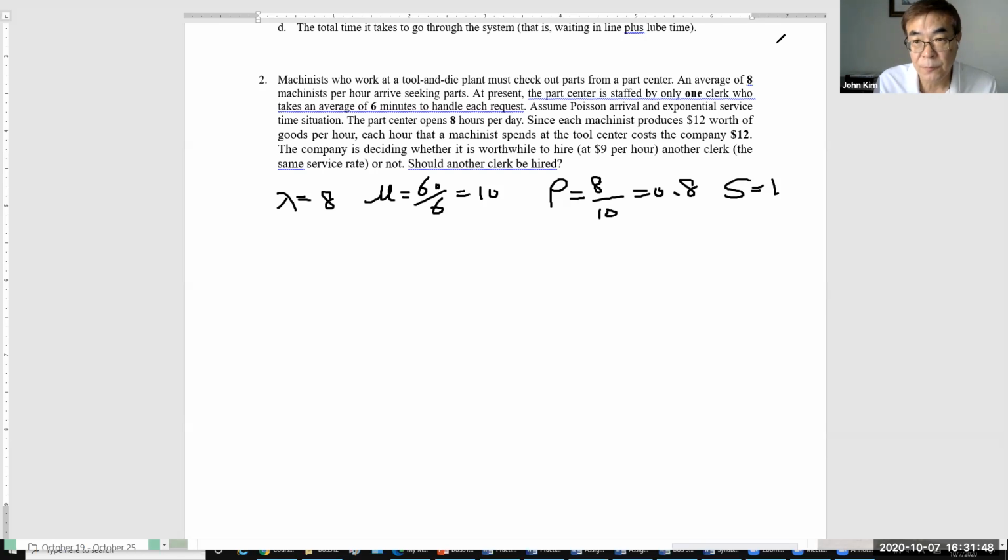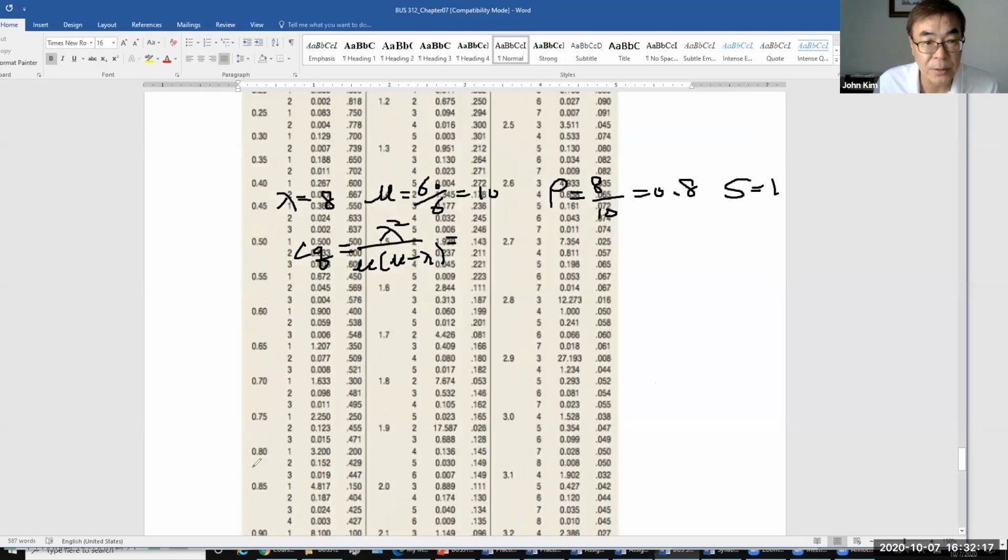We may use the formula to get LQ. LQ equals lambda squared over mu times mu minus lambda. You can use this formula because it is one channel now. But we can also use the chart.